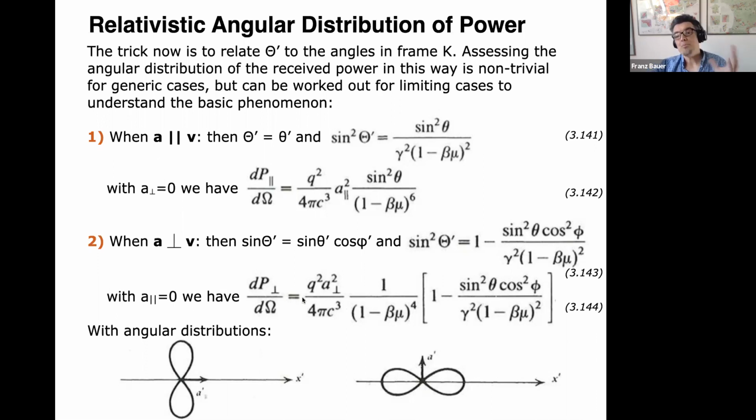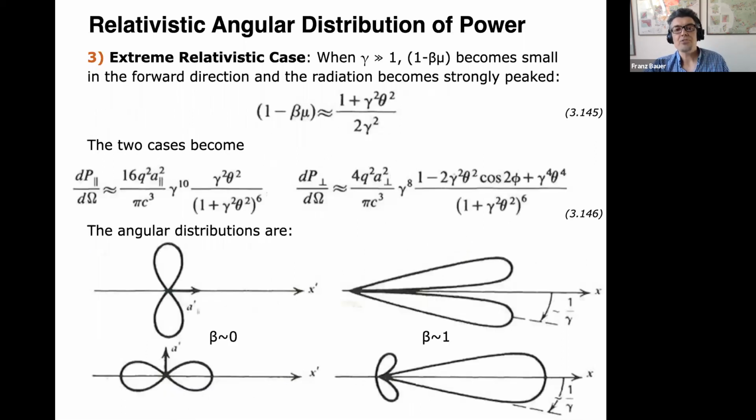So what do these actually do? This is what we had in the original frame, or this frame. And so if we then consider a relativistic case where gamma is much, much greater than 1, then this thing, 1 minus beta u, becomes very, very small in the forward direction. And so this thing we can approximate by this.